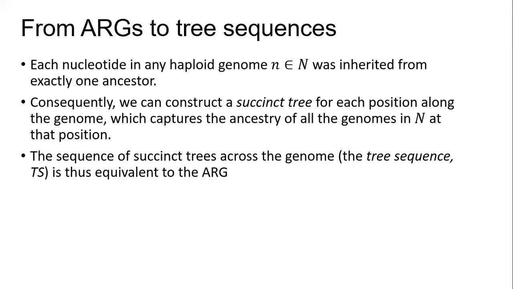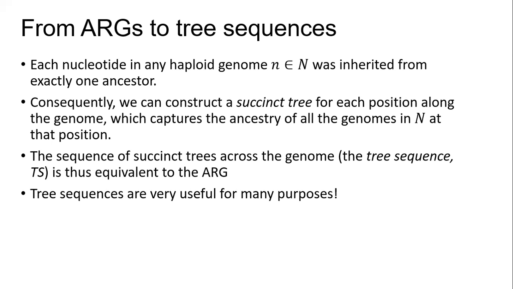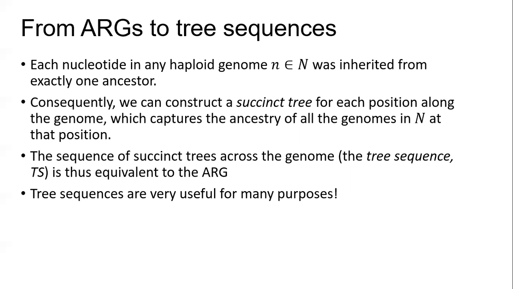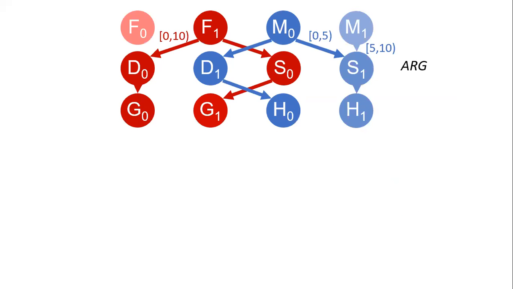And they enabled quite a revolution in the field because tree sequences can be simulated much more quickly than the sort of ARGs that we were talking about before. Let me first explain how we can get a tree sequence from our example. So here I've just squished up that ARG that we showed before.